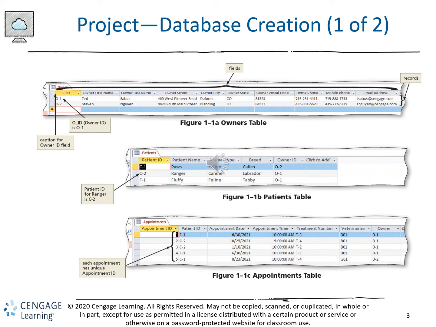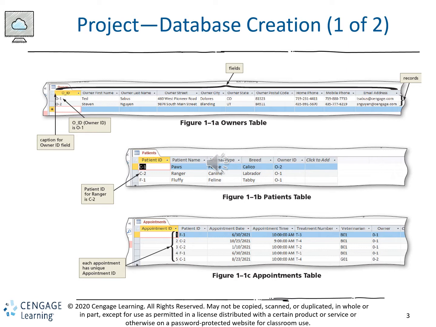The first table is the owners table, and this table contains information about the pet's owners. The next table is the patients table, and this contains contact information for each of the pet's owners. There is also an appointment table, and this contains information about the scheduling of the appointments.